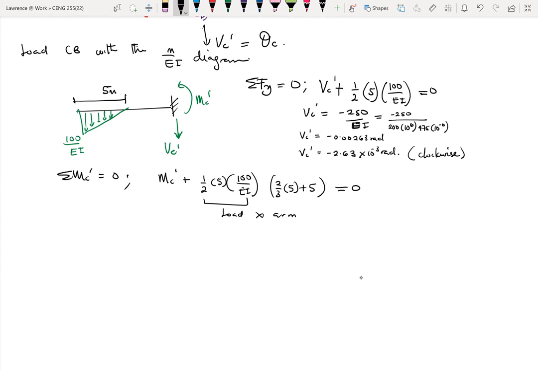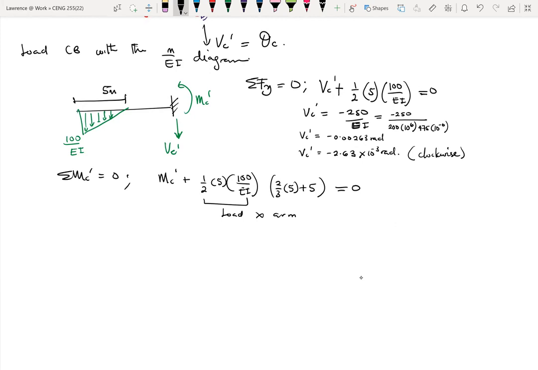Okay. So we can do that, find the, what's the name? So this is 250 over EI times, I think, 8.33. Also will give us our MC prime.